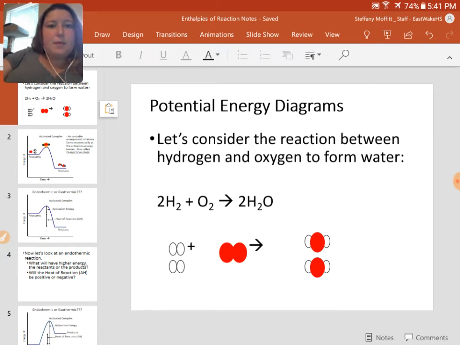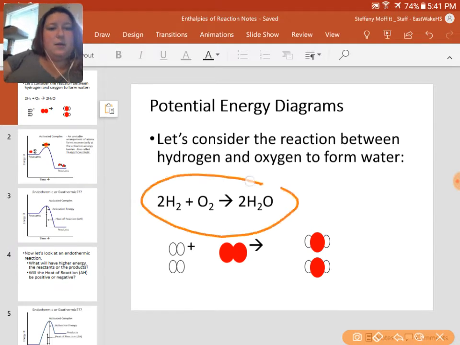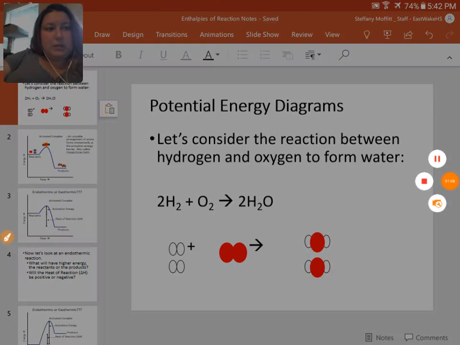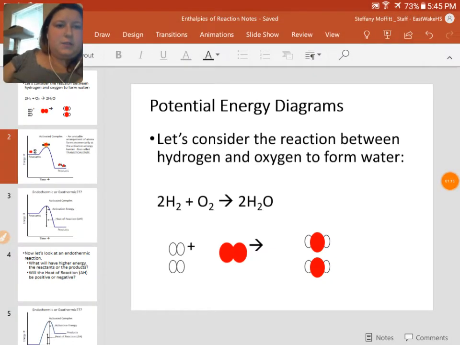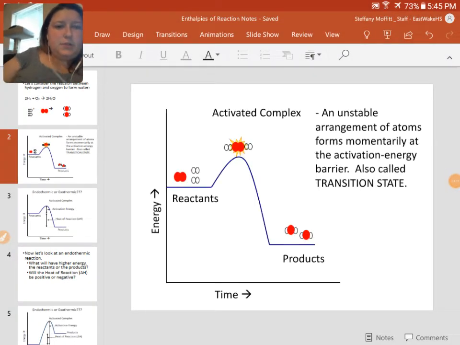So, potential energy diagrams. We're going to be looking mostly at this equation between hydrogen and oxygen to get water. This is what our potential energy diagram is going to look like.